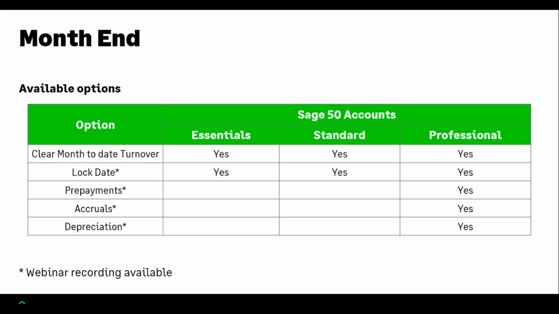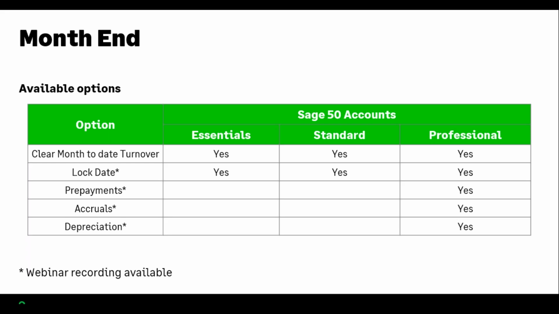But because of everybody using different variants of Sage 50, it's best for anybody that does use those aspects with asterisks, if they need information on, for example, setting up prepayments, accruals or depreciation, that you attend a separate webinar for that. You'll get more out of it than you will of me quickly glossing over a subject today, if I'm honest. But we will be touching on them, don't worry, and showing you exactly what they involve.